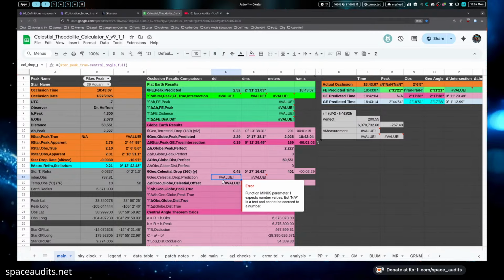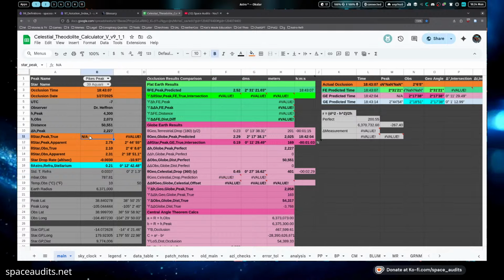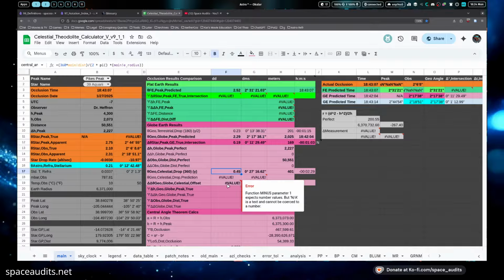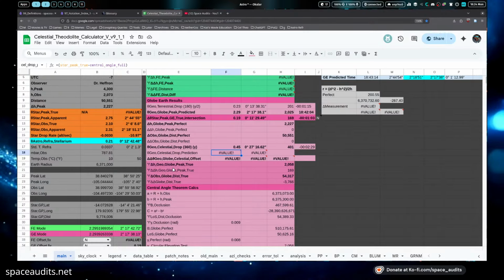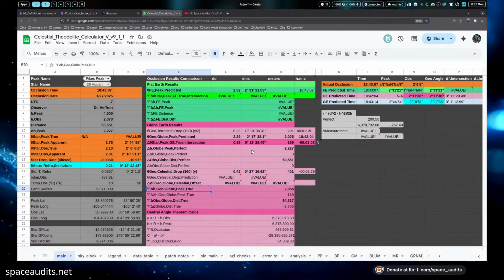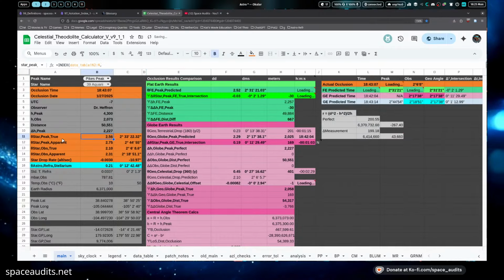Now, down here on the globe, that's just because this is dependent on subtracting this position from this amount right here to get the difference. And now there's no difference because that position's been deleted, but this doesn't actually affect any globe predictions. This is just for a math check. But anyway, when you go down here, you'll see that the globe's predictions are unaffected and perfect globe is unaffected. That's by design. That's on purpose.